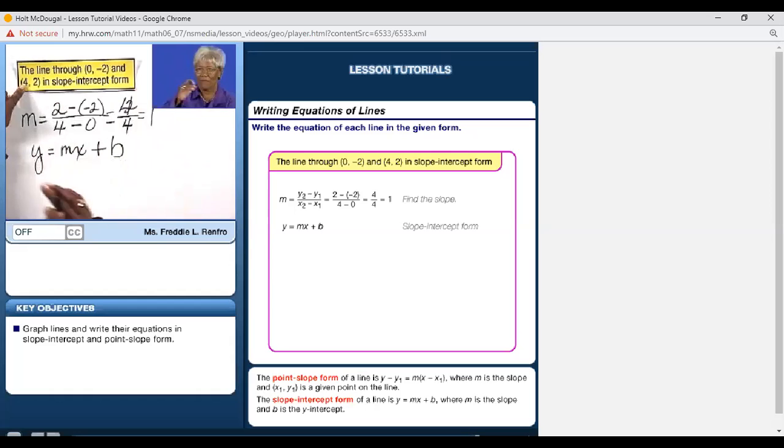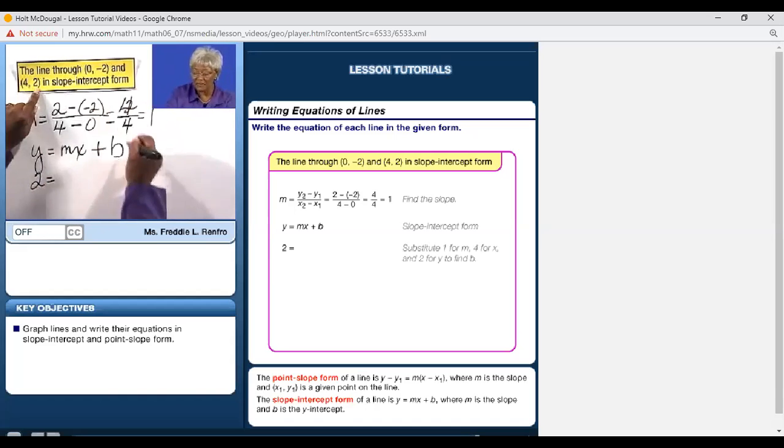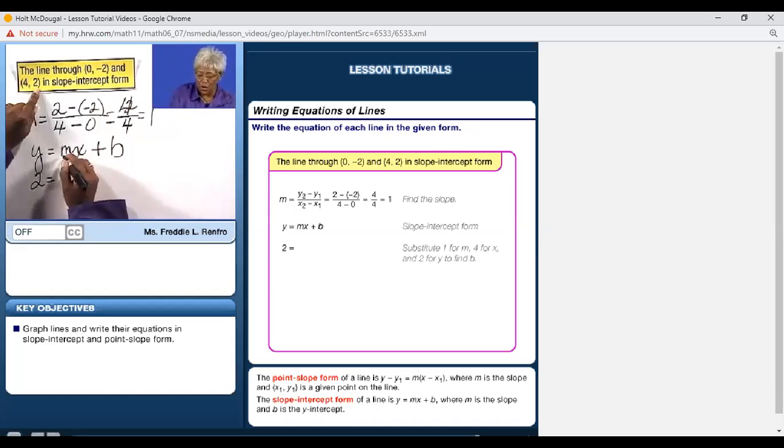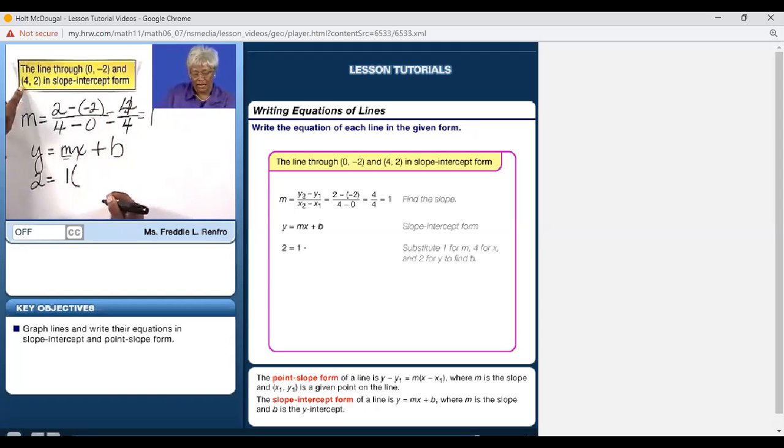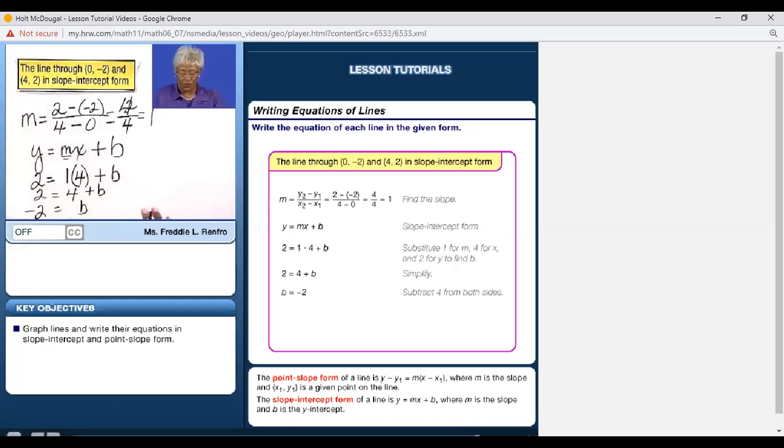I like using positive numbers. All right, y, we're going to substitute 2. We're trying to find b. Equals the slope is 1 times the x, we're going to substitute 4, plus b. And what do we end up with? 2 equals 4 plus b. If we subtract 4 from both sides, we're going to get b equals -2.